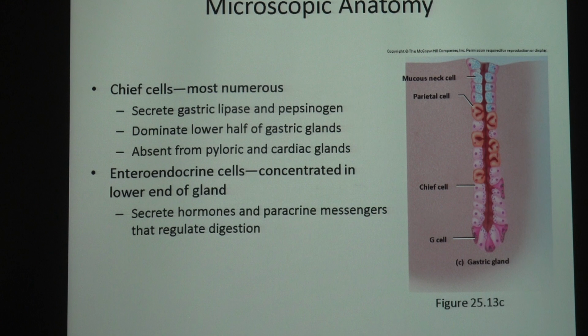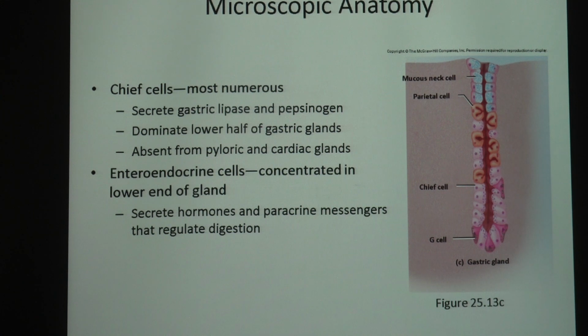The chief cells. The chief cells are these little pink guys right here. And they're creating something called pepsinogen, which will be converted into a product called pepsin that helps us break down our protein-based materials. Okay, so chief cells.